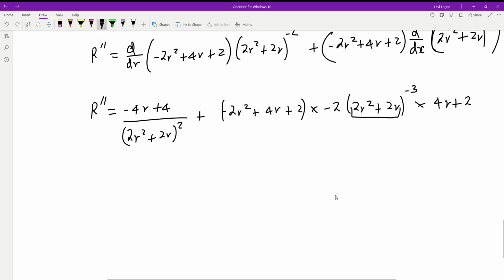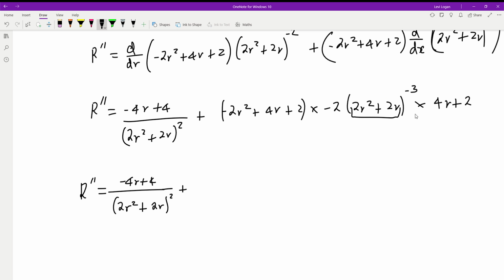Right, so if we can simplify this a bit more, r double dash is going to be minus 4r plus 2, on 2r squared plus 2r all squared, plus, now let's simplify this term here. So we've got this is a positive exponent, so that's still going to be on the top.